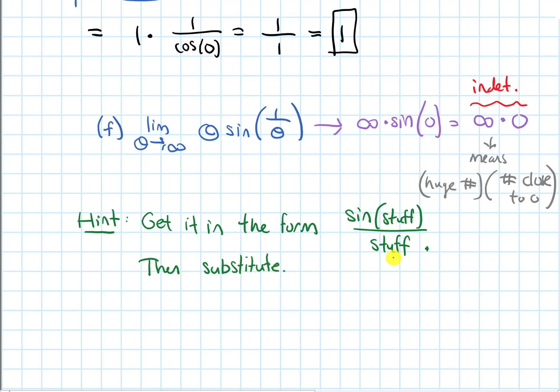We're going to need a substitution to turn it into a limit we can handle, because in our special limit, theta, our angle, is going to 0. Here it's going to infinity. So this is where I want you to pause it for 3 minutes to try this on your own. This is a step up in difficulty, so it's a good check to see how you can handle a new problem. 4, 3, 2, 1, pause it and try this one for 3 minutes.